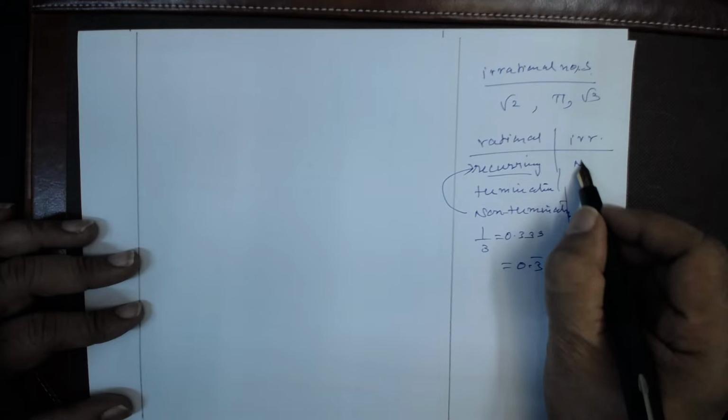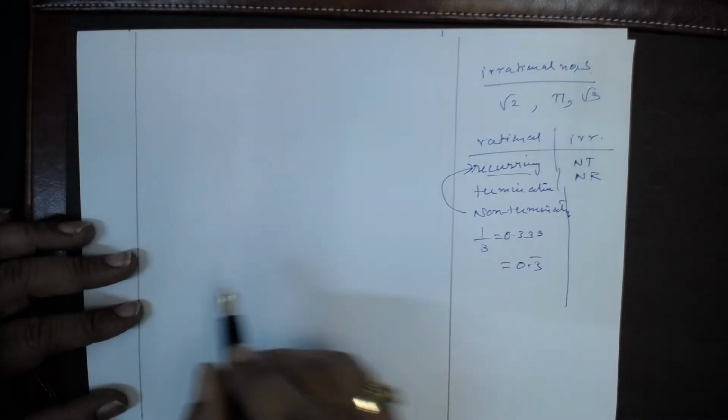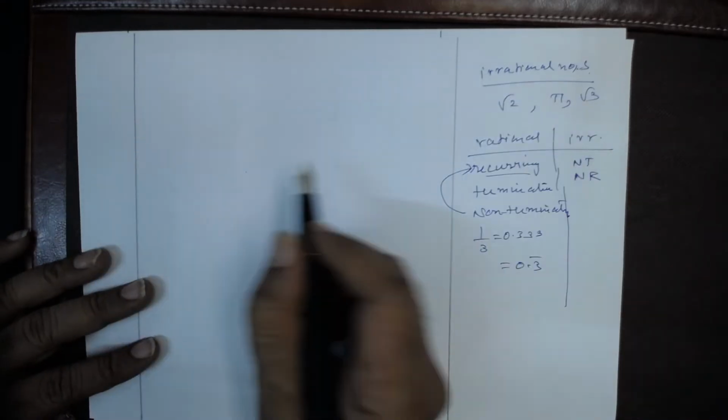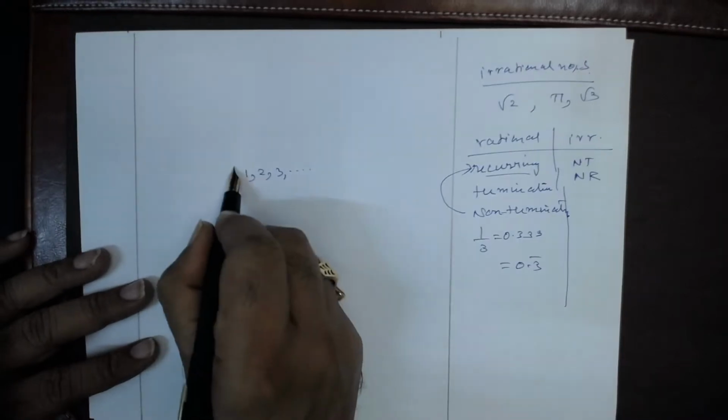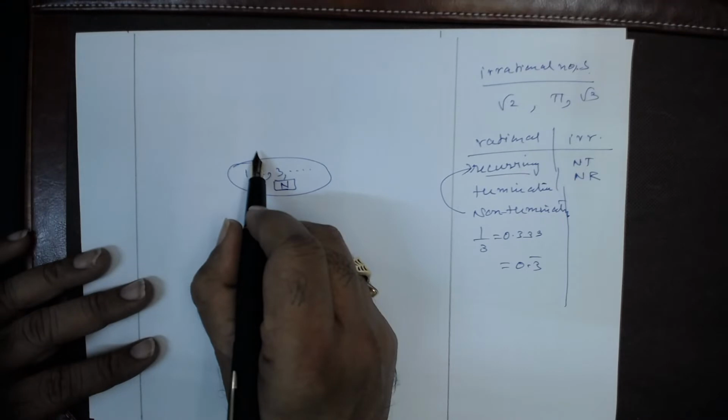Okay, and that is why we take the examples root 2, pi, etc. So inclusive of all, these are all real numbers only. For example, natural numbers 1, 2, 3, 4, etc. Whole numbers include 0, is it not?